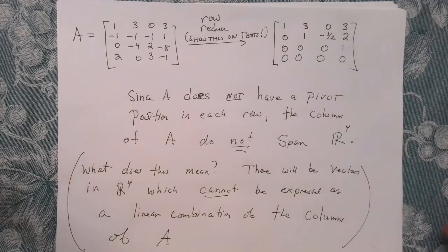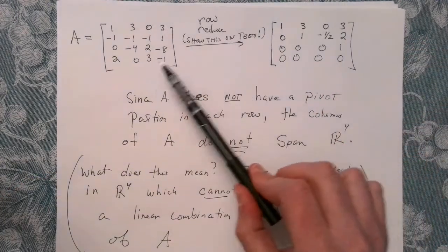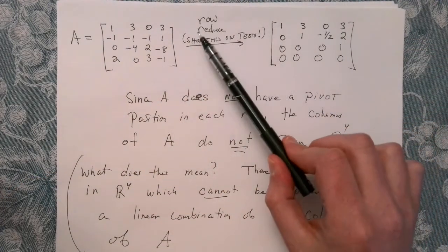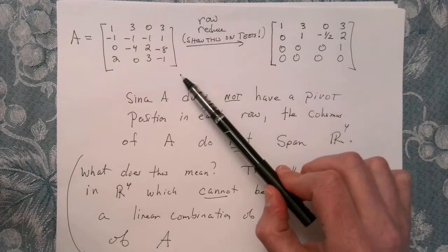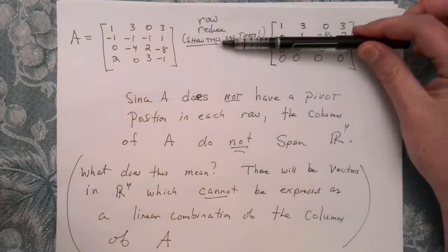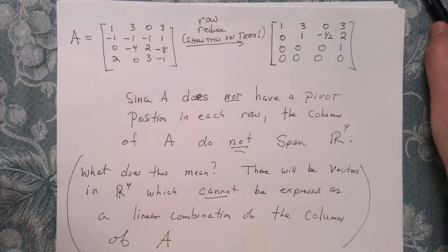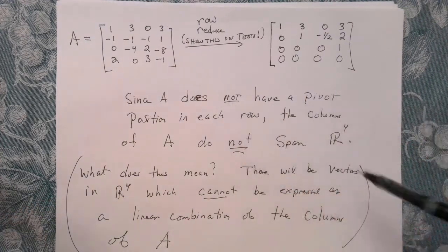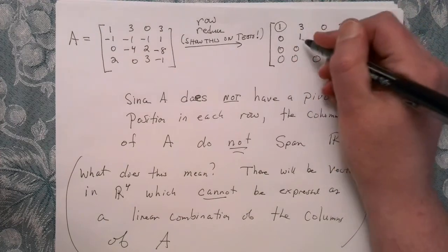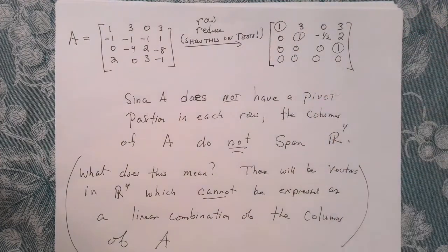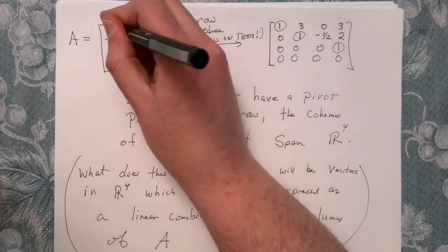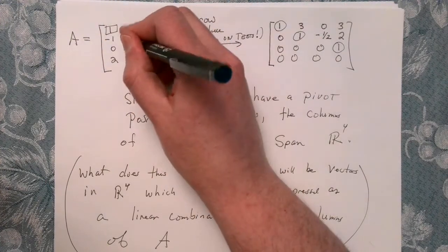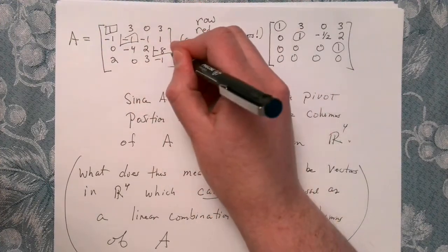Okay, so here we go. We're going to take the matrix A and then row reduce. Of course, I keep mentioning this, but to save time, I often go from here to here, but on any test, you've got to show all the steps. Show the row reduction like we did in the first week. Notice when we row reduce, we get a pivot here, here, and here. Those correspond to pivot positions here, here, and here.